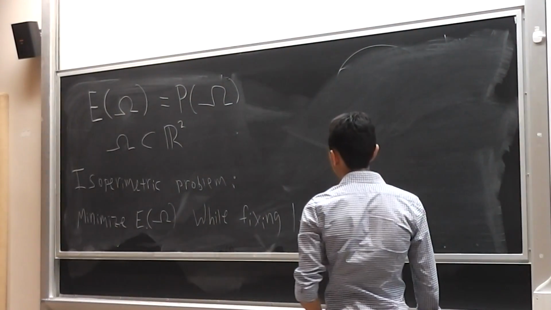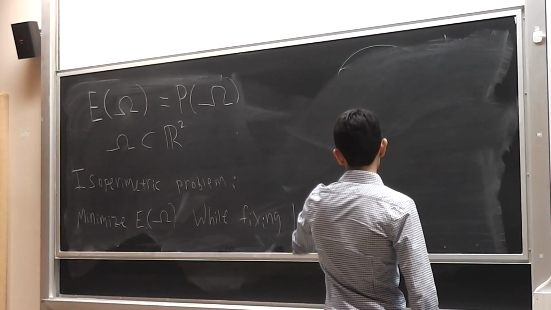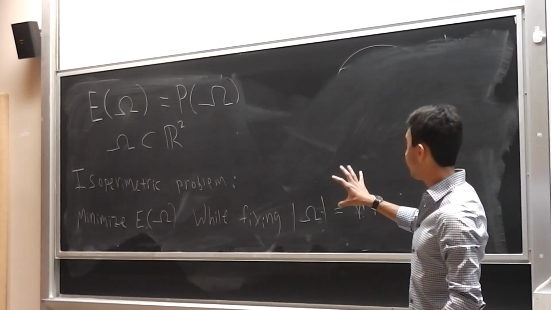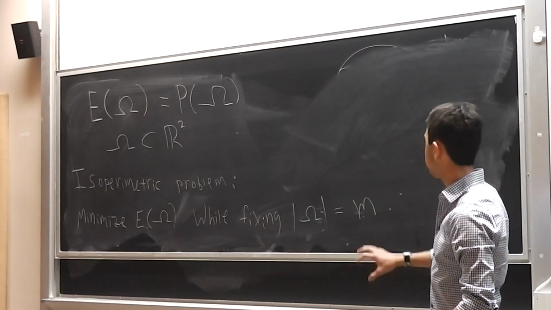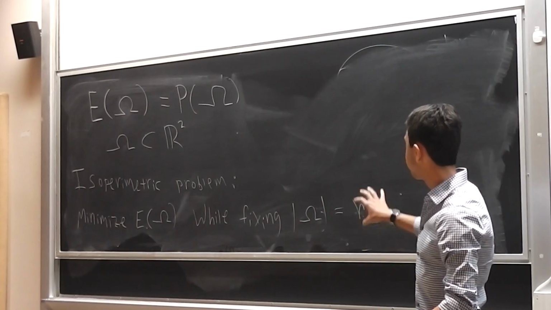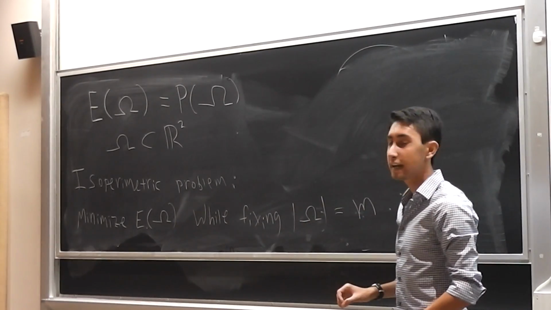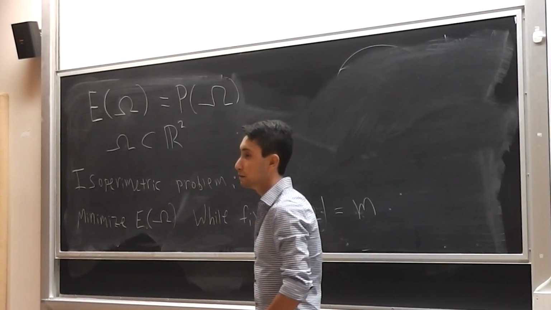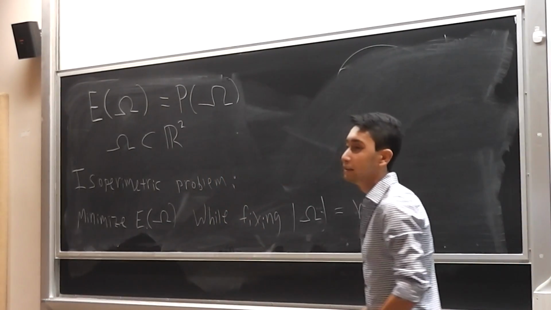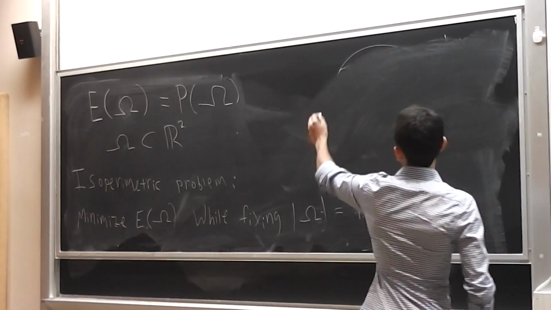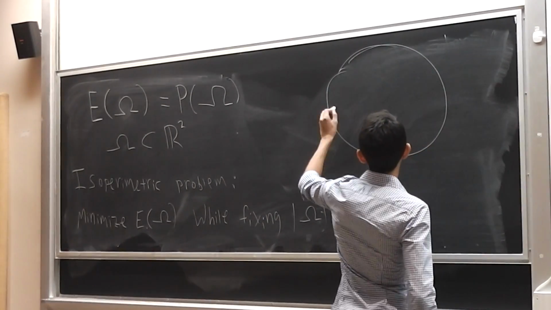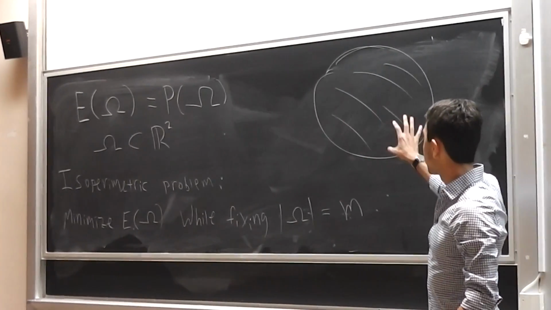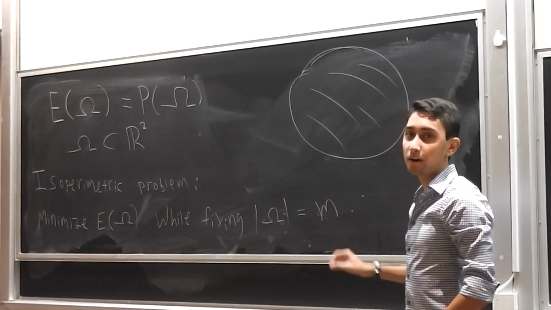So we fix the measure of omega at some, say, m. That might be odd since m is not usually used, but I was working with a physics guy, so this is like mass. We use m as the fixed area of the set, and we want to minimize the energy, which is the perimeter. Most of you probably know the answer to this problem. The answer is just take a ball. If you look at all sufficiently nice sets of fixed area, the one with smallest perimeter is a ball.